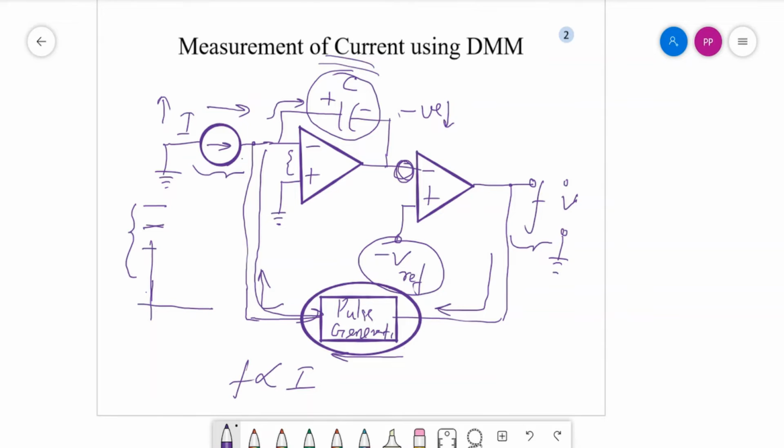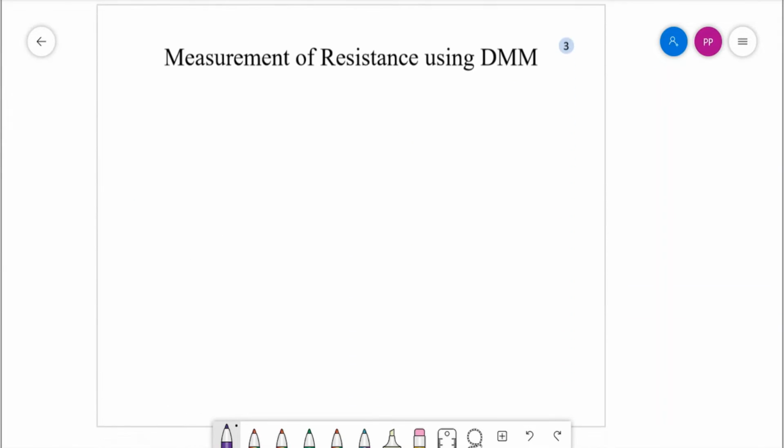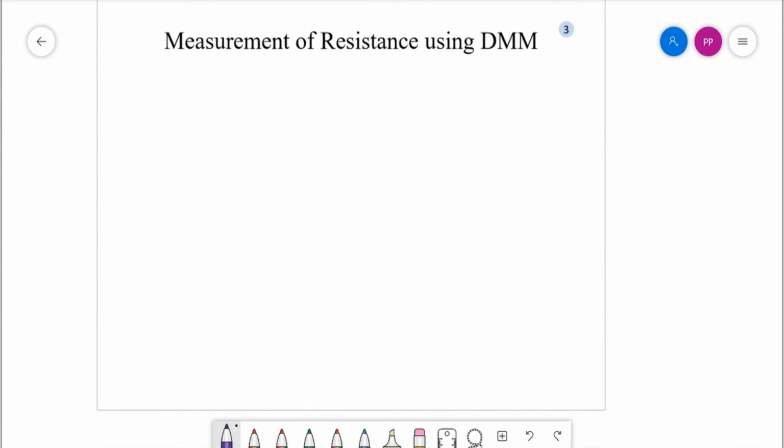So our next topic is the measurement of resistance using a digital multimeter. For measurement of resistance, again we will go for a circuit through which a constant current is applied.